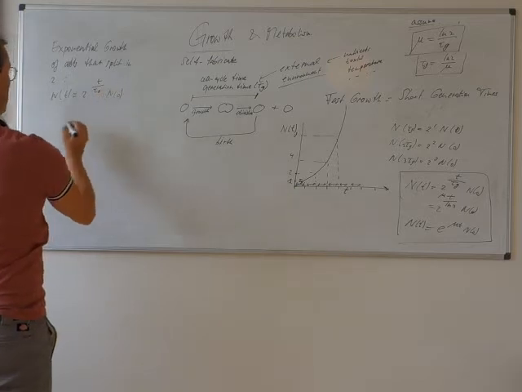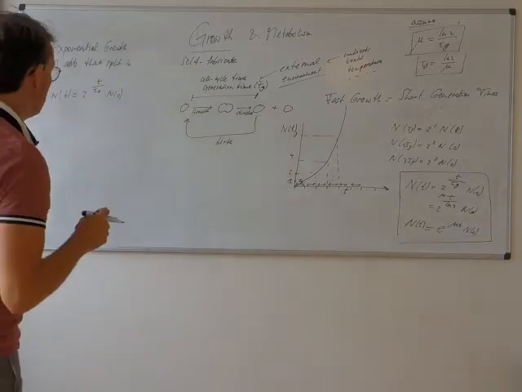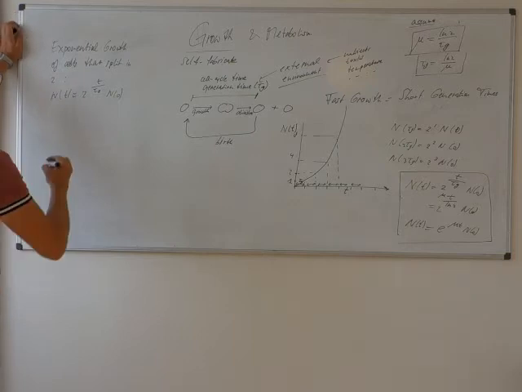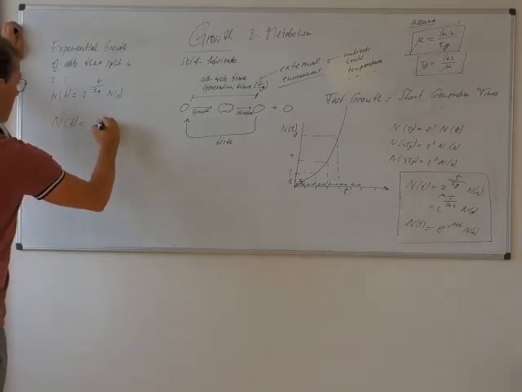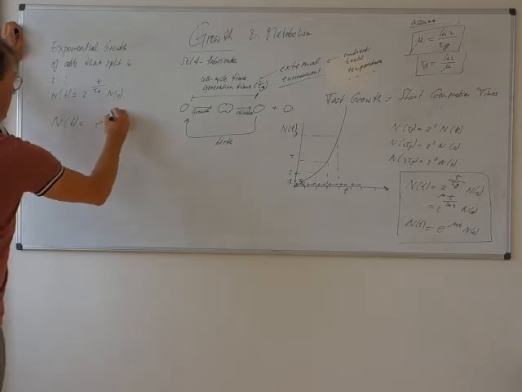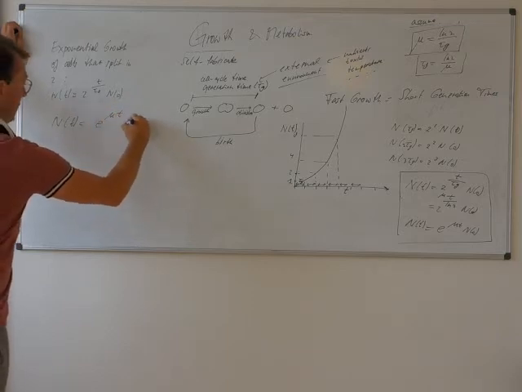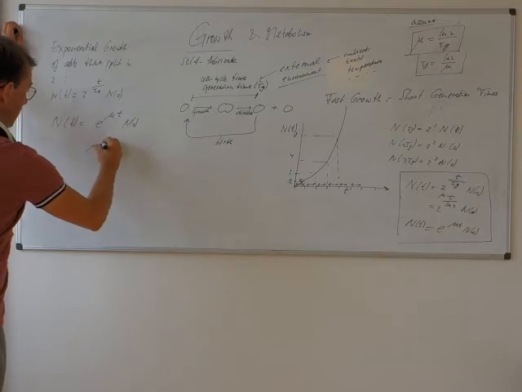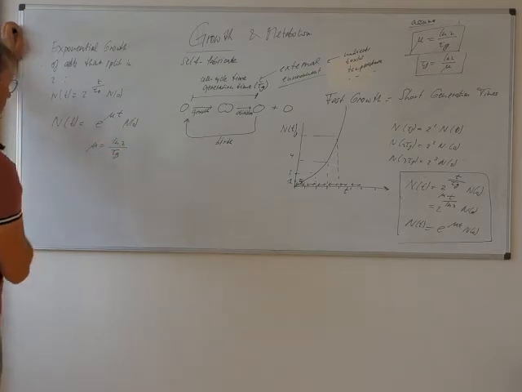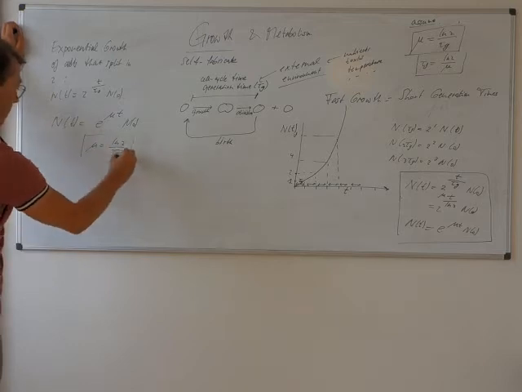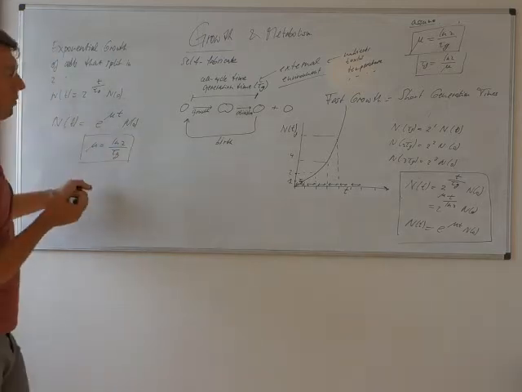This is based on logic. Thinking logically about what happens. And if you apply some math, you will see that this equals e to the power mu t times n0 when we define the growth rate as ln2 divided by tau g. Okay? So this is the thing, still the thing we have to explain in a moment why we did it like this.